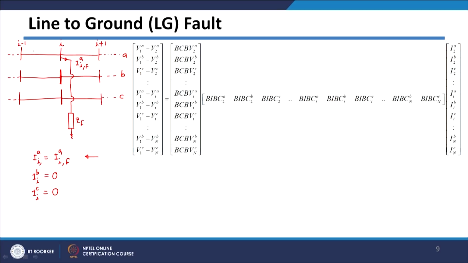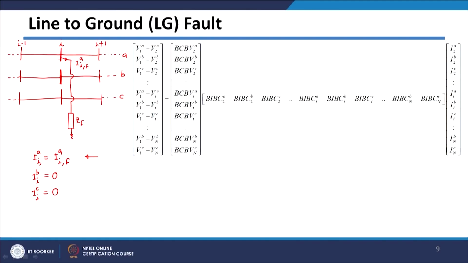Also, all other load currents at the (I minus 1)th bus or any other bus, of all three phases, will be equal to 0, because they are also negligible as compared to the short circuit current in phase A.